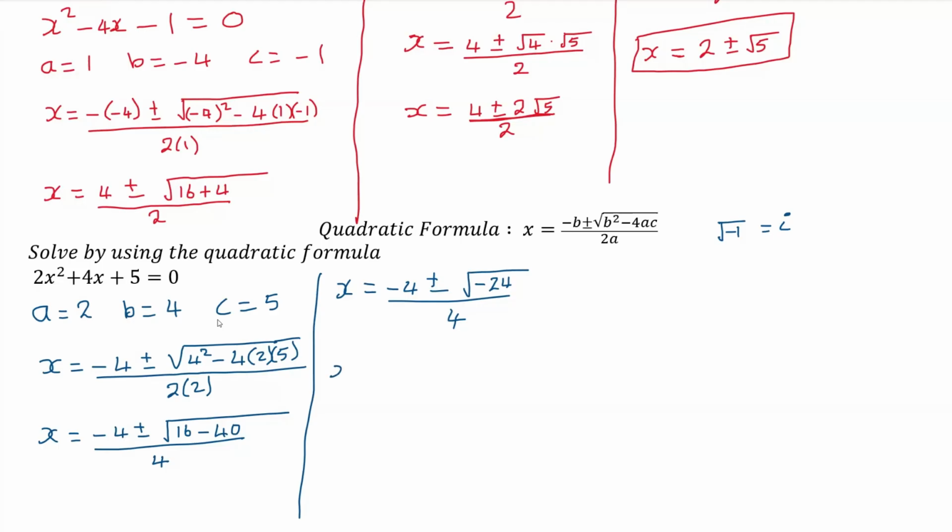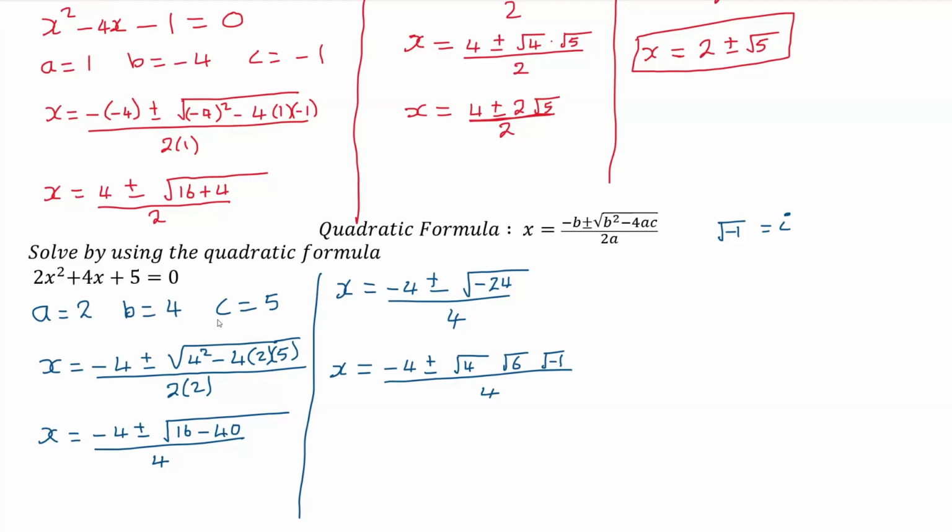So that means this becomes x is minus 4 plus or minus. So I'm going to break up the 24 into 4 times 6, and then square root of negative 1. So 4, because we can take the square root of 4.